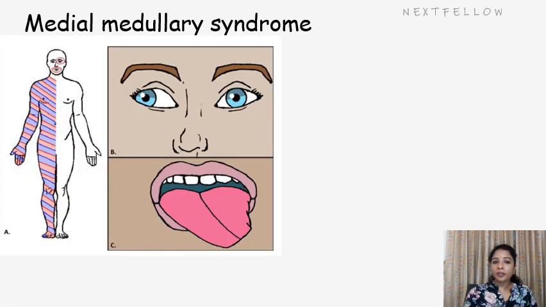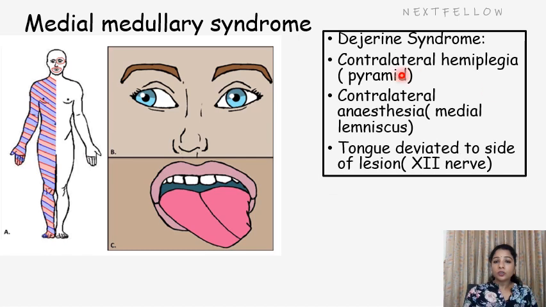Medial medullary syndrome, here we can see the symptoms. It is also called Dejerine syndrome. There will be opposite half paralysis, that is contralateral hemiplegia, because the pyramids are affected in the midline, and contralateral anesthesia, because the medial lemniscus is affected, so there is opposite half loss of senses.